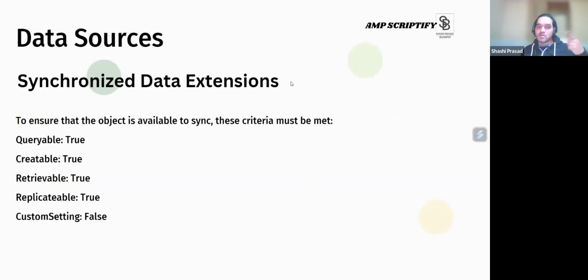So this is the most important criteria when you want to synchronize an object in Marketing Cloud. If you are not able to find the object in Marketing Cloud, then you have to understand whether the object is queryable, creatable, retrievable, replicatable, and the custom setting.